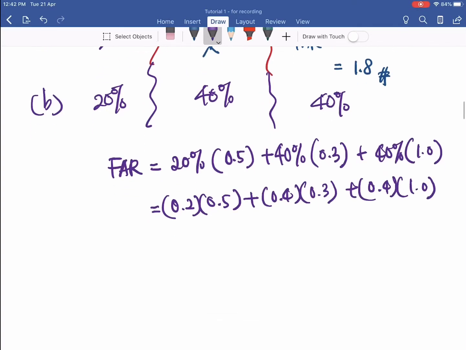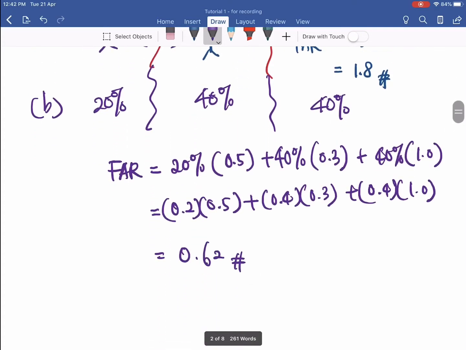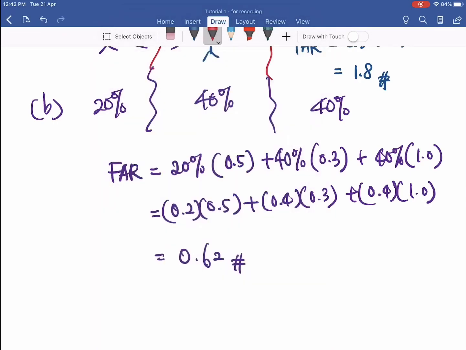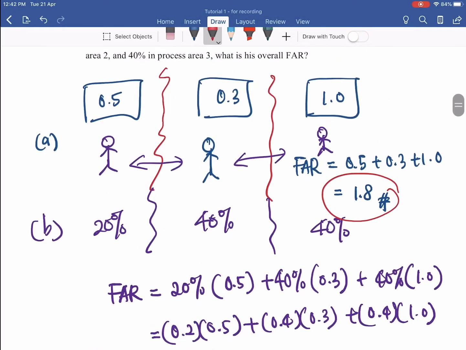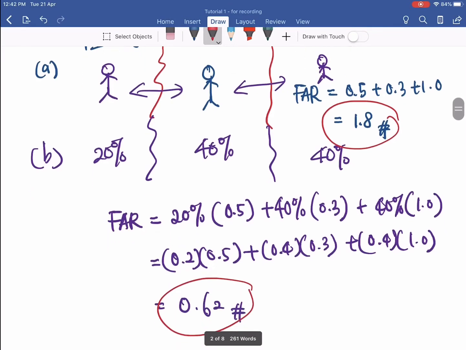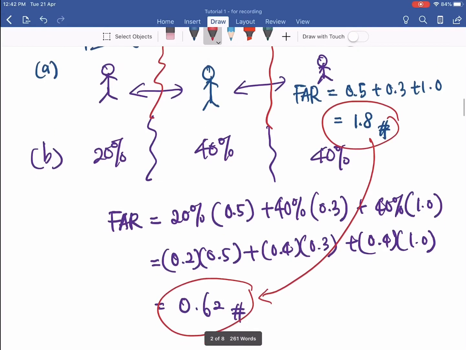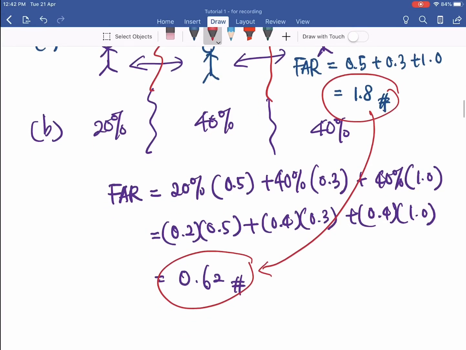If you calculate it out, I think you will get something like 0.62. So you can see this value versus this value here. Just by separating the units apart, we immediately reduce the FAR value of the operator exposure from 1.8 to 0.62.